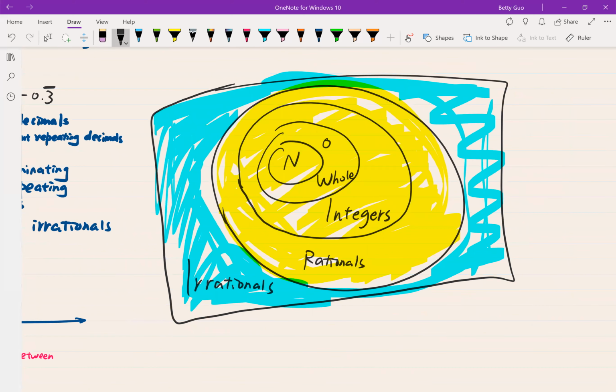That set is the real number set. So all the numbers in the rectangle, those are the real number set. So this diagram, I hope it could help you to understand the relationship between those number sets and also the structure of the number system.